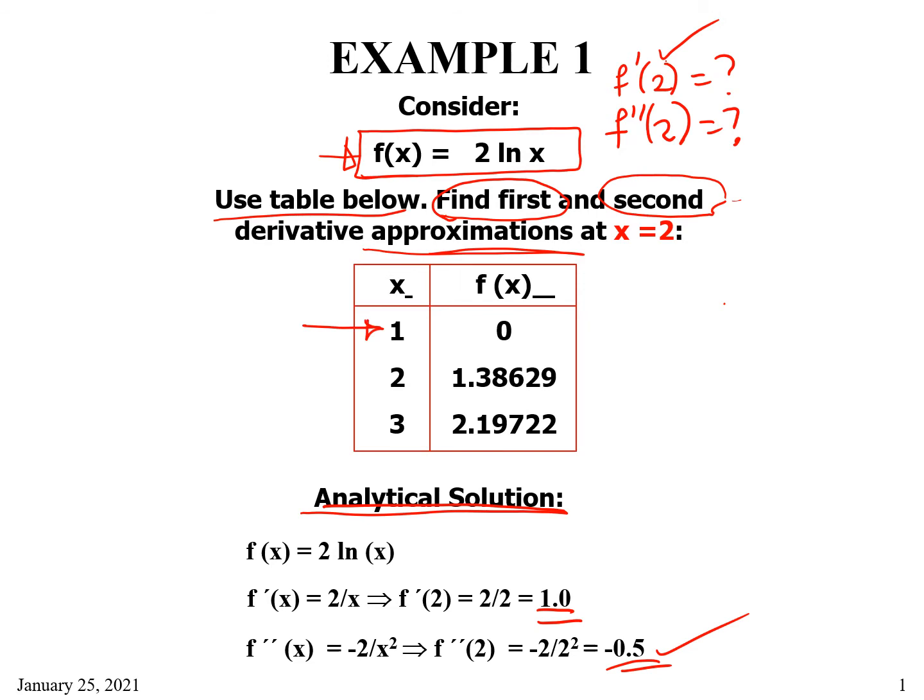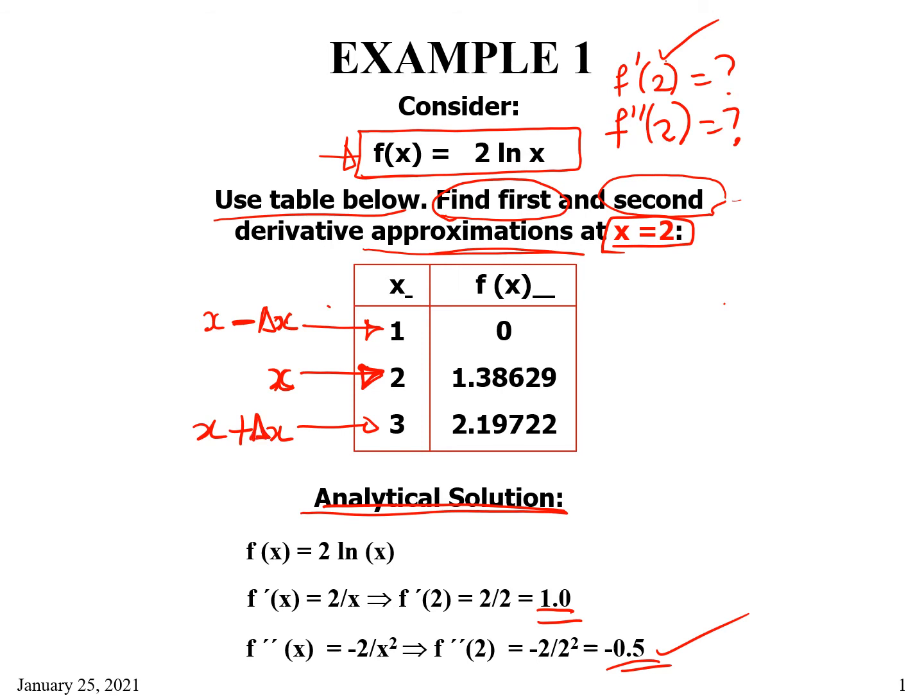So this first point, this is what you're looking for. You're looking for values at x, where x equals 2, right? That's what you're looking for. So easy to see, this is going to be x minus delta x, it's before that. And the last one is x plus delta x.